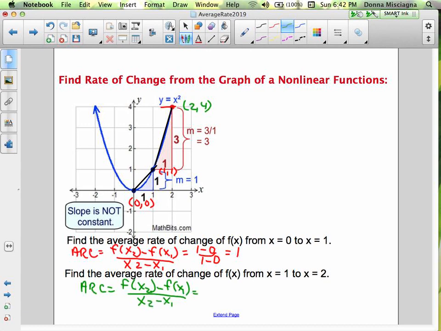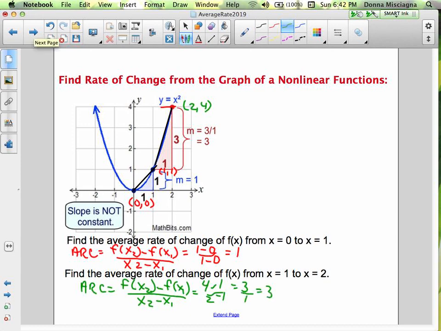I'll start with the larger value, so the 4 can be the second value. So we have 4 minus 1 divided by 2 minus 1. And that would give us 3 divided by 1, or 3.